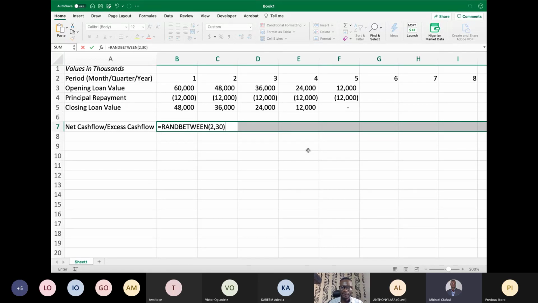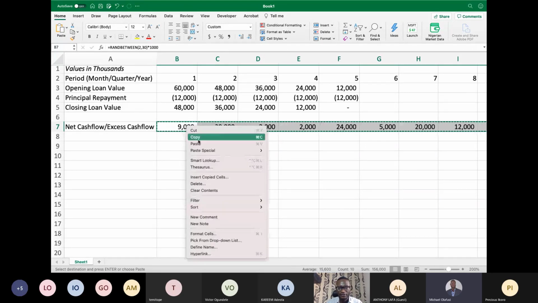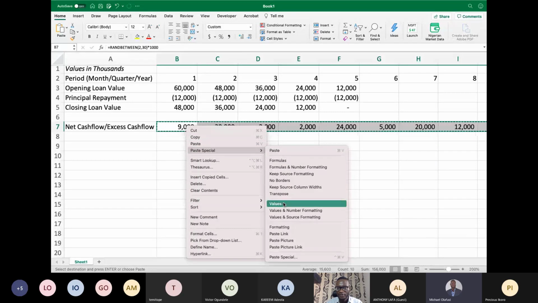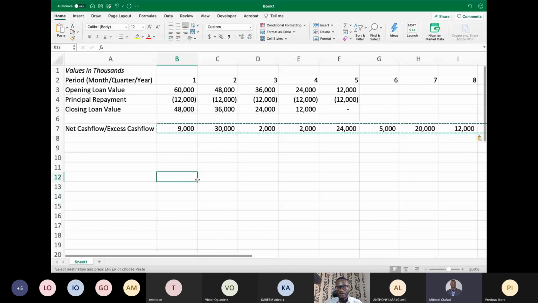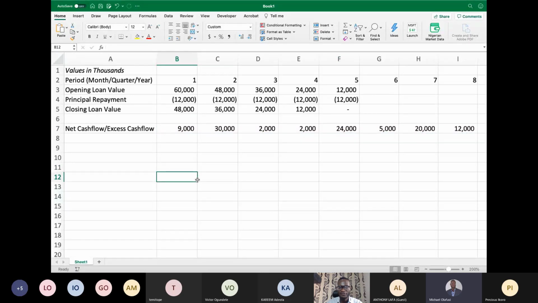And then I'm going to multiply by 1000 so that it comes large enough. I'm going to copy this and paste back as values. So I've just simulated the available cash flow for us to now do cash sweep from.